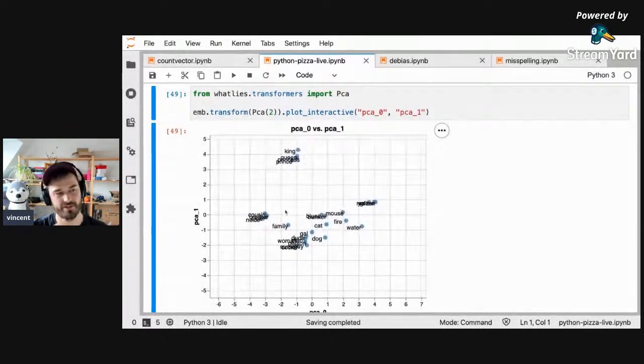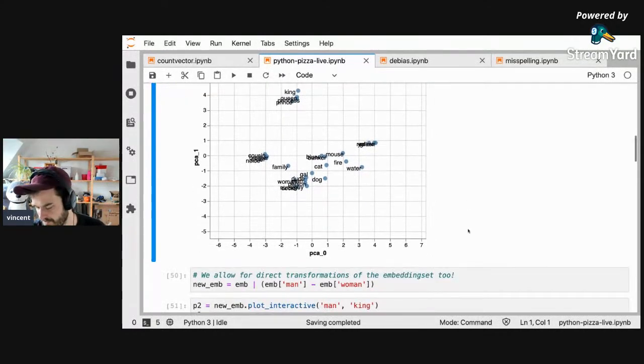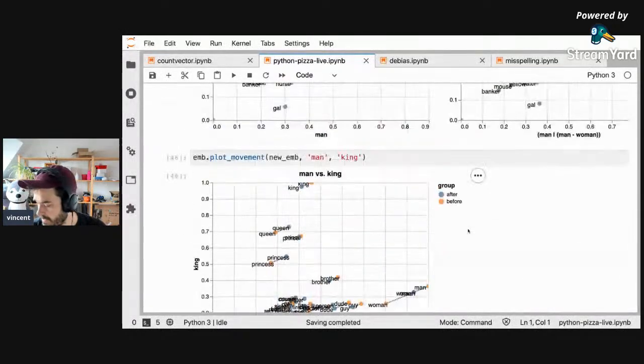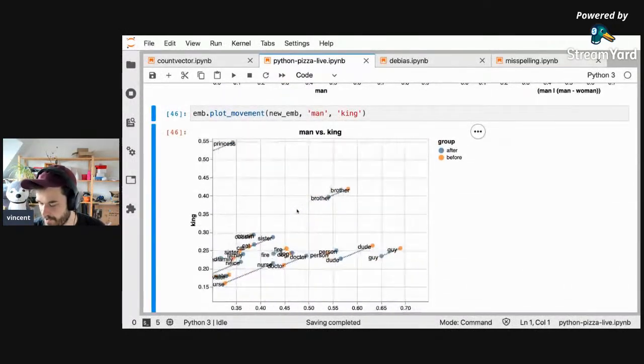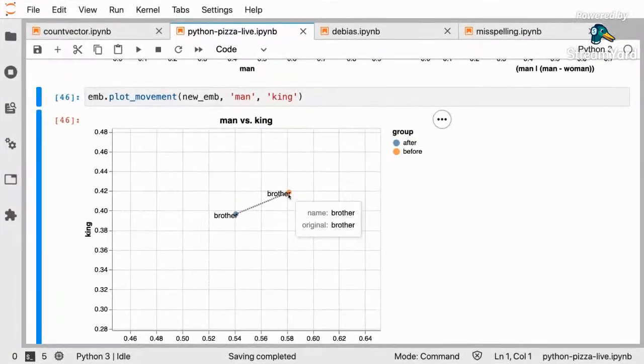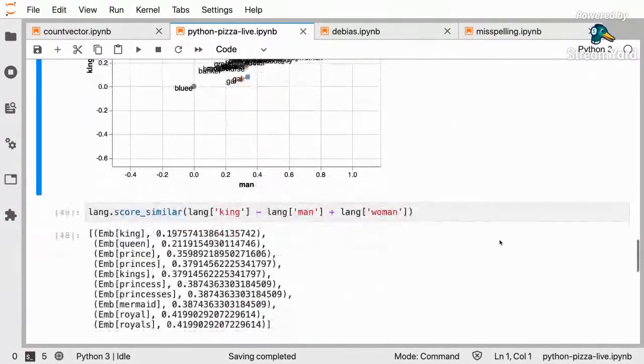You can get an impression of which clusters perhaps appear inside of these word embeddings, which is also kind of nice. So there are many different features. You can also compare word embeddings with each other. You can say, hey, in one word embedding, brother was over here, and now it's over here. These are all things that you could go ahead and play with.